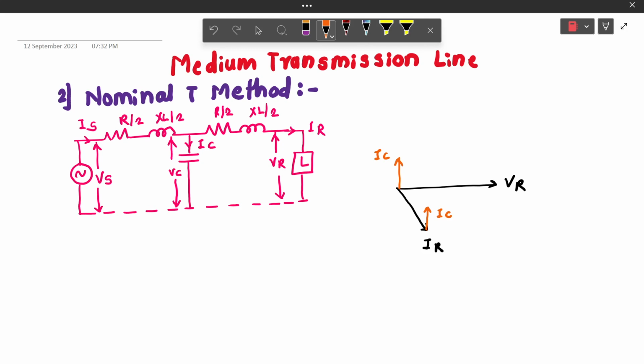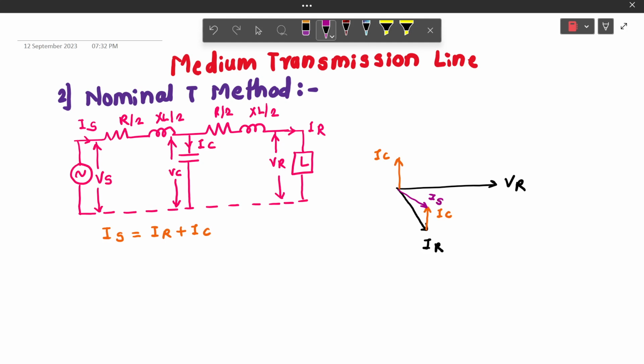If we see the diagram, it is clear that if we consider the node at midpoint, the incoming current is equal to outgoing current, as Is is equal to IR plus IC. Hence, Is is the resultant of IR and IC, and we can draw this as Is.